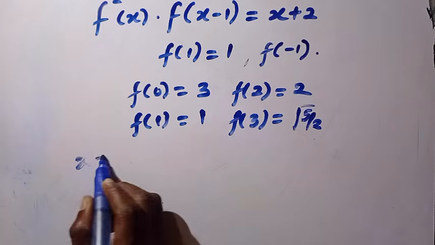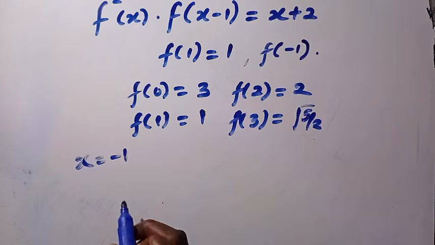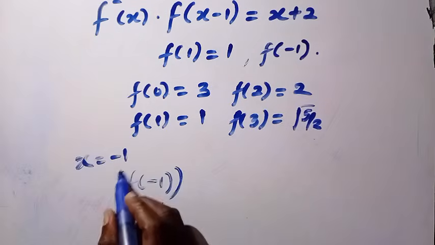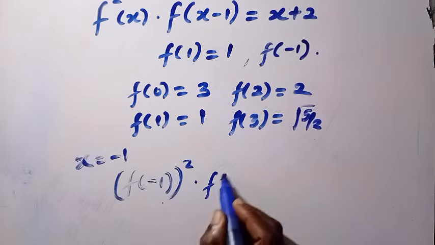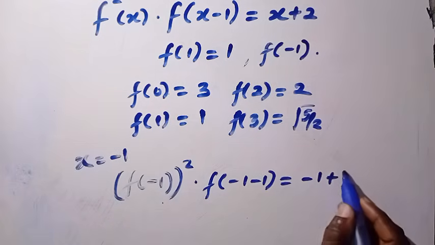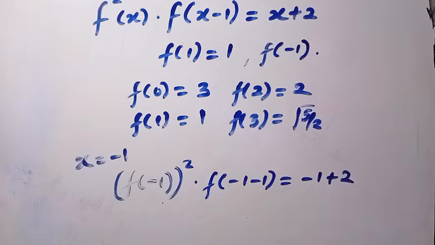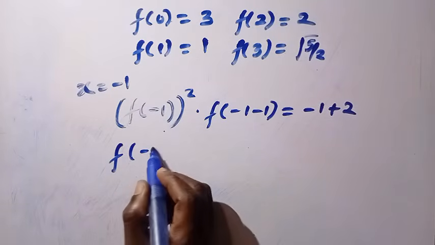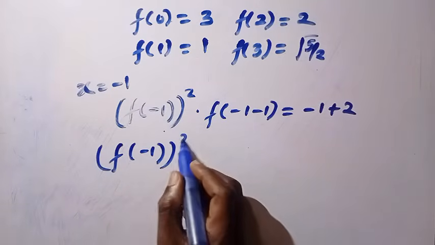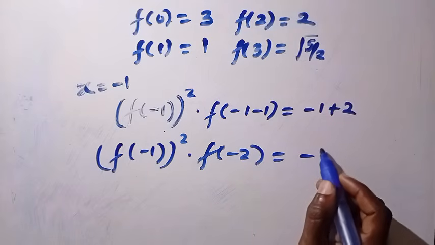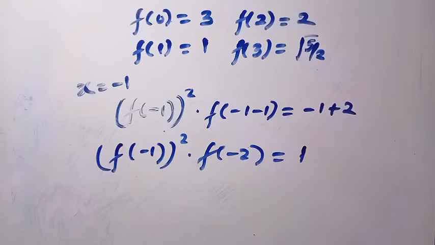So if I let x equals minus 1, we get f of minus 1 all raised to the power 2 multiplied by f of minus 2 equals minus 1 plus 2. That gives us 1.